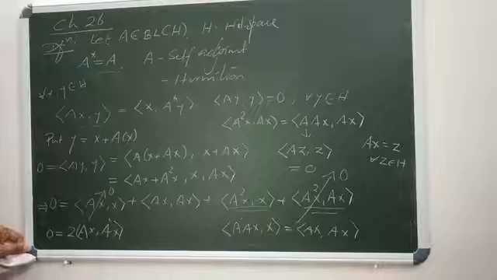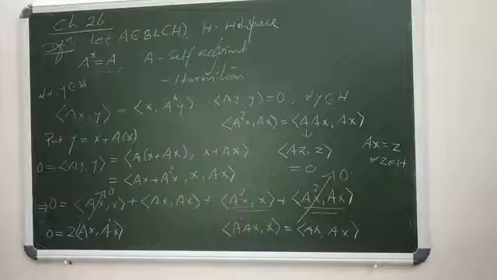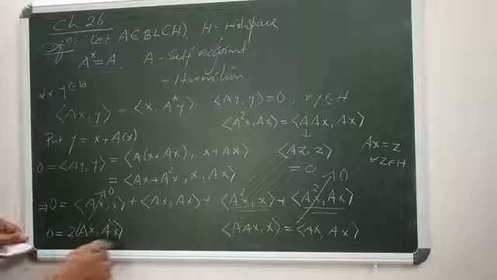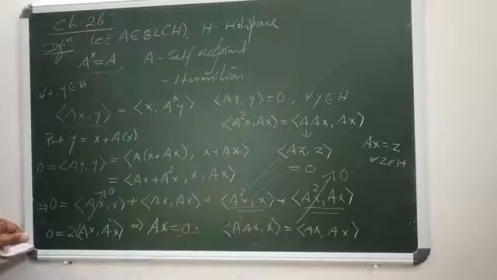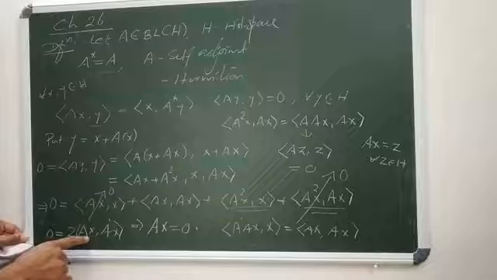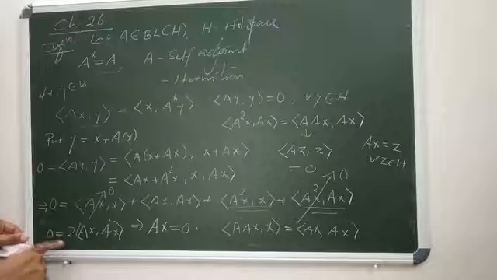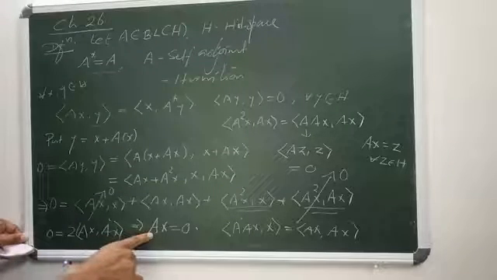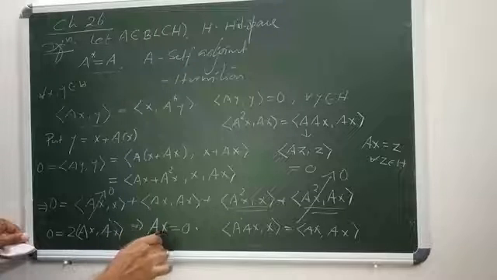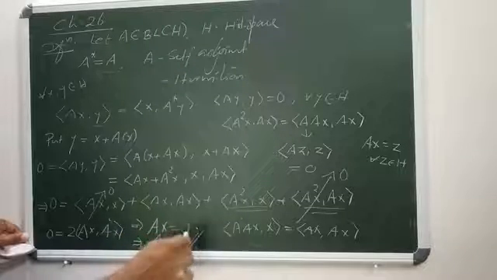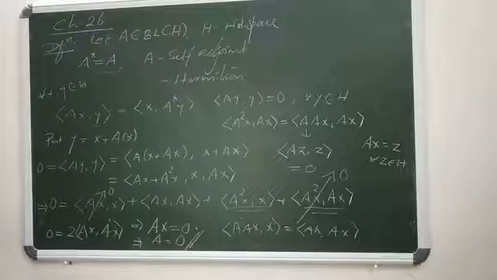So 0 equals 2 times the inner product (Ax, Ax). Since 2 differs from 0, the only possibility is Ax equals 0. Ax equals 0 for all x means A equals 0, that is, A is the zero operator.